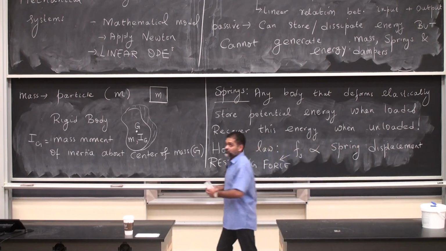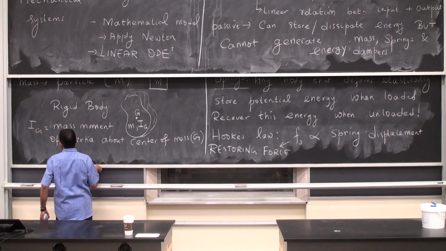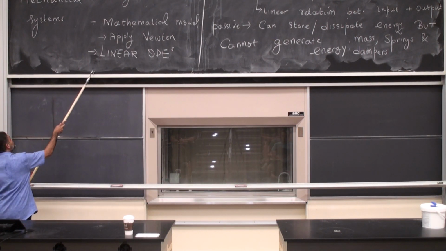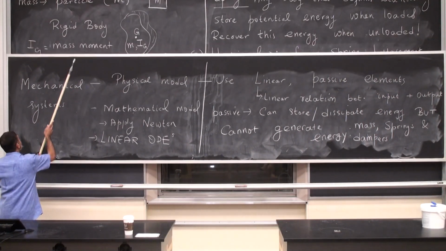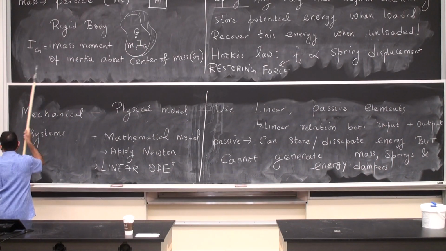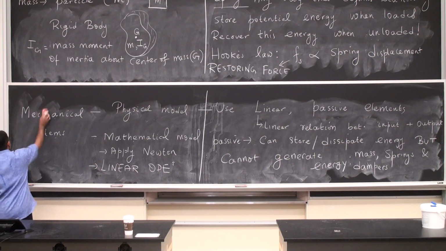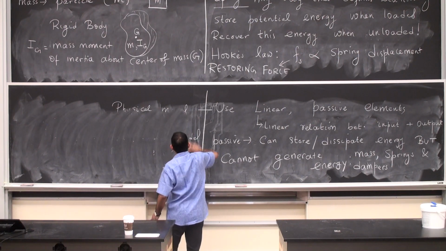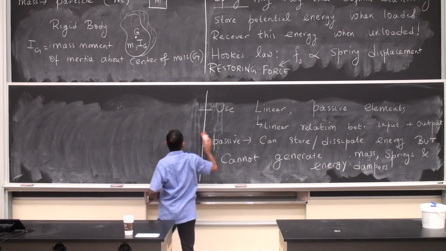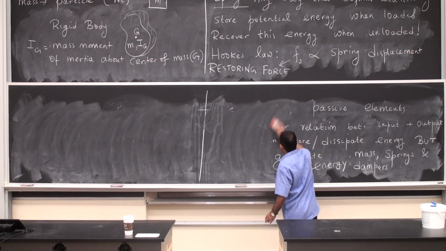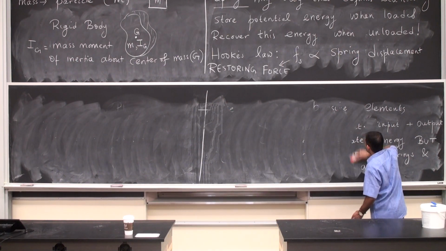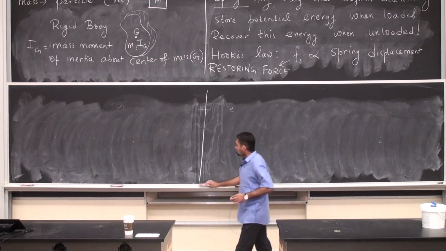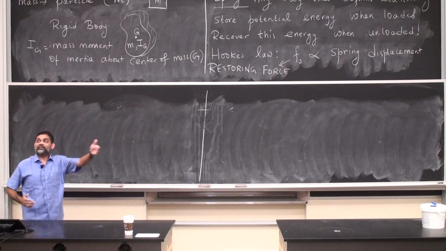So let's take a cantilevered beam, which you have seen in strength of materials. A cantilevered beam is a beam that's fixed at one end and it's free at the other end.